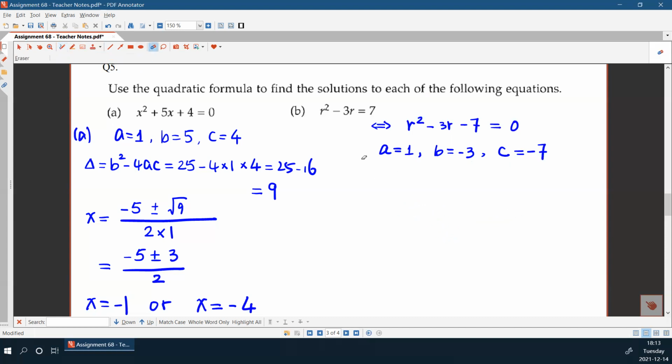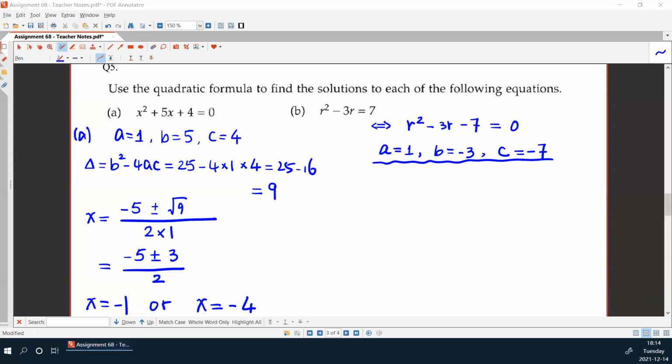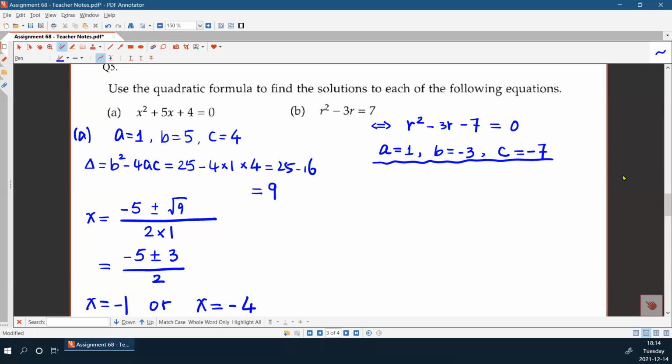Pay special attention to the 3 parameters here, because if you can't get them right, you cannot use the formula correctly. So be careful with the 3 values here. All right, once you have all 3 parameters, then we can use the quadratic formula. First, let's calculate the determinant delta.